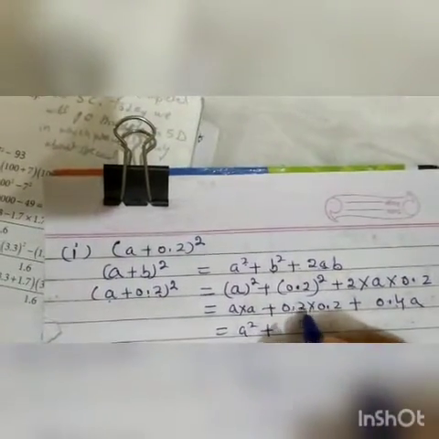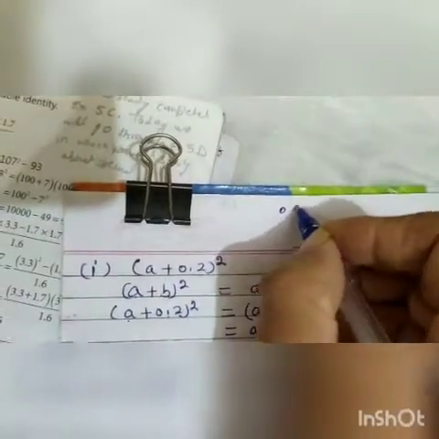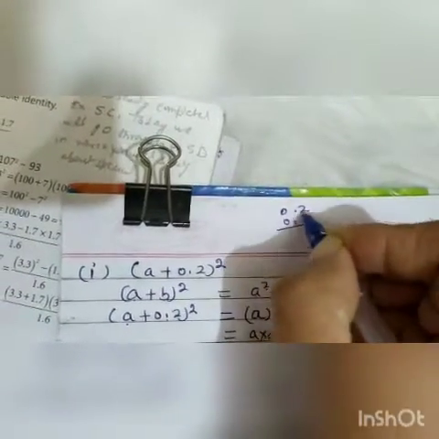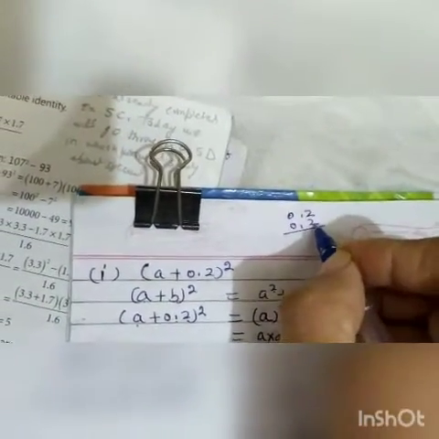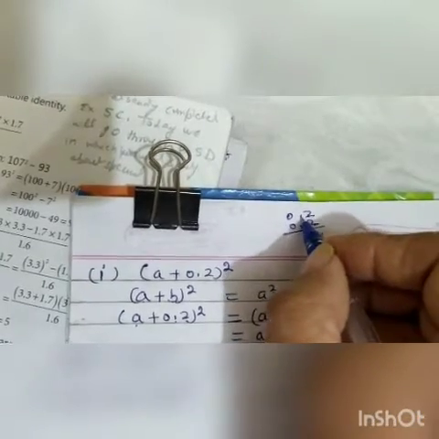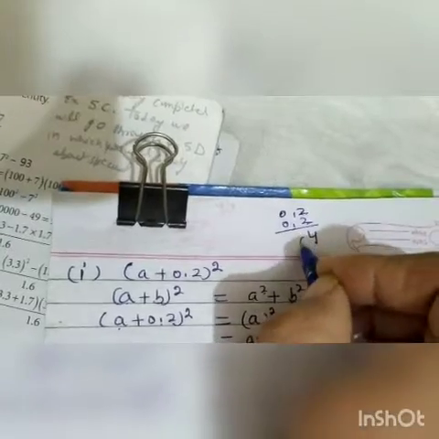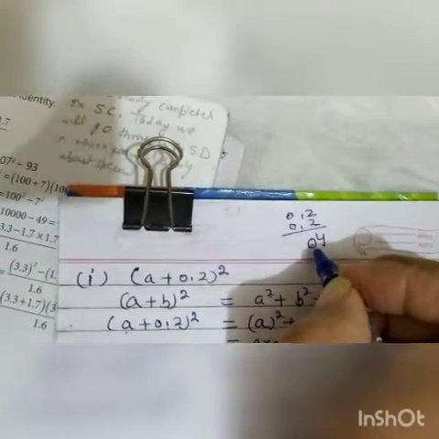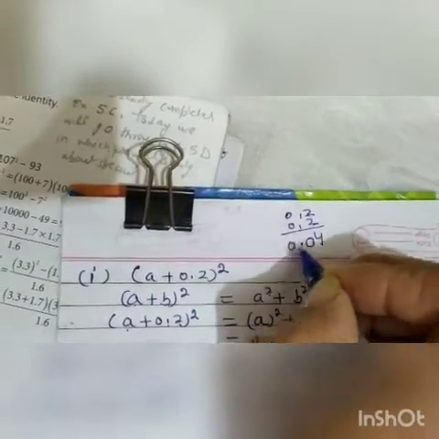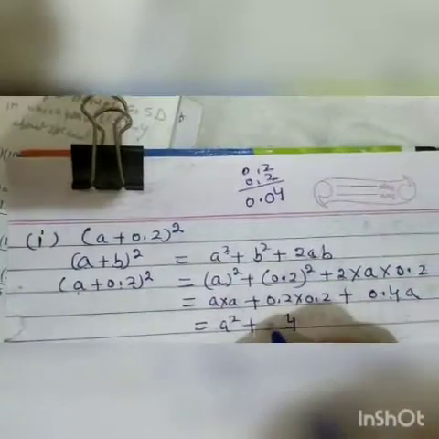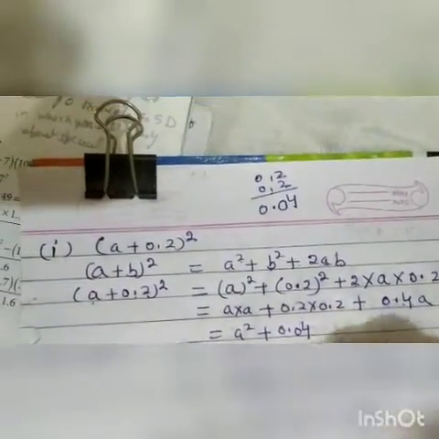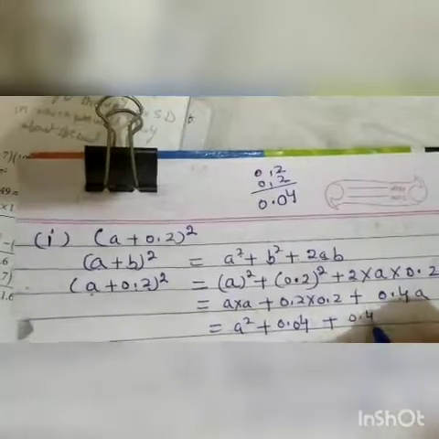Here student, when we multiply 0.2 by 0.2, 2 twos are 4. Before one digit decimal here, before one digit decimal here. So total 2 digits, 4, write 0 from our side, then put the decimal, like this 0.04. It will be a square plus 0.04 plus 0.4a.